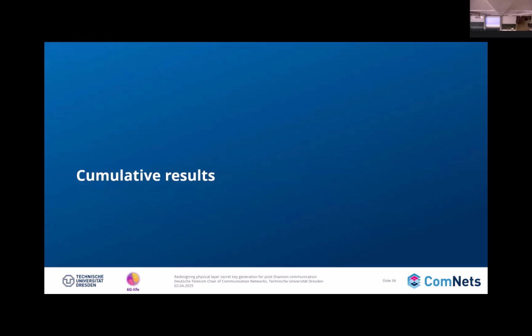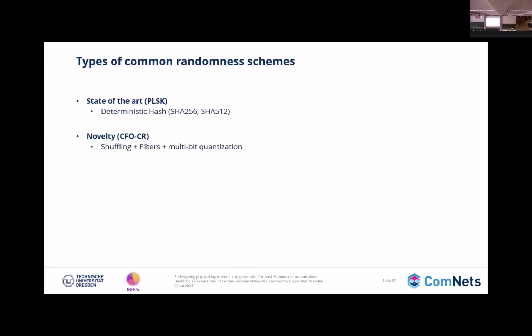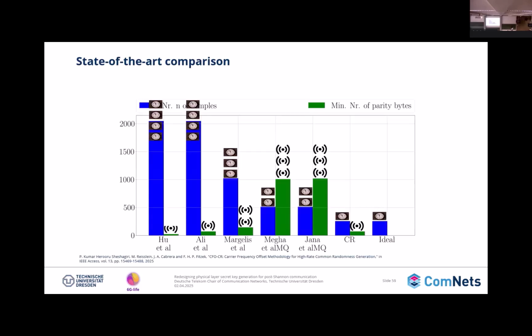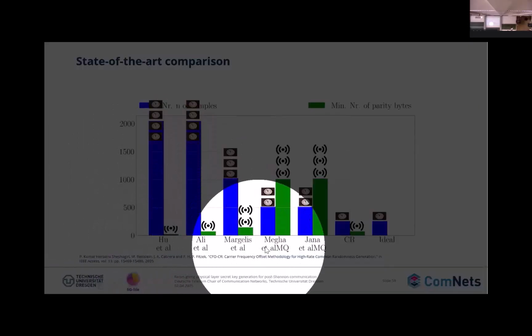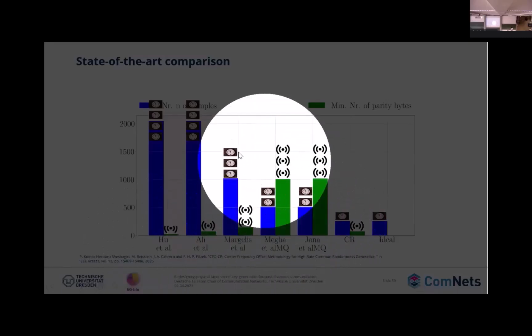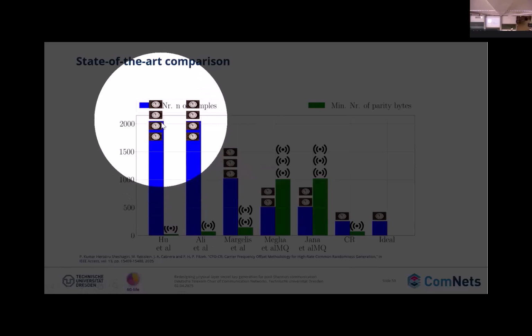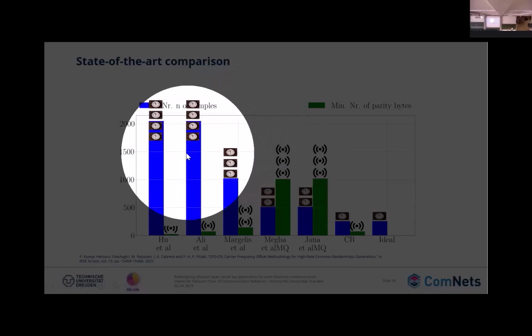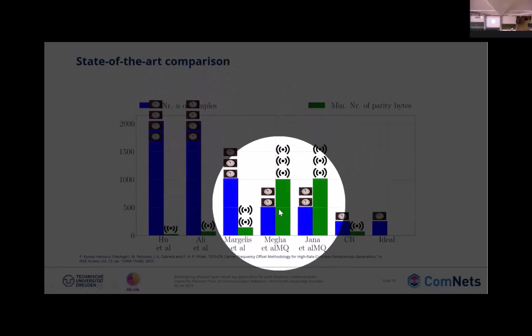But what about the cumulative results? What does it mean overall? Compared to several state of the art schemes, we analyzed the bit discrepancy, or the parity bytes that we needed to transmit to correct the errors. We also analyzed the number of observations that we needed. We noticed that the several PLSK schemes, from here to here, either require a higher number of observations, which means more time is needed to generate the same size common randomness, or they incur higher reconciliation cost.